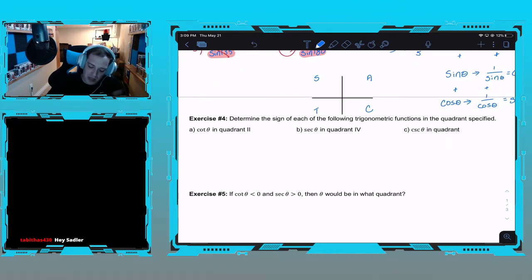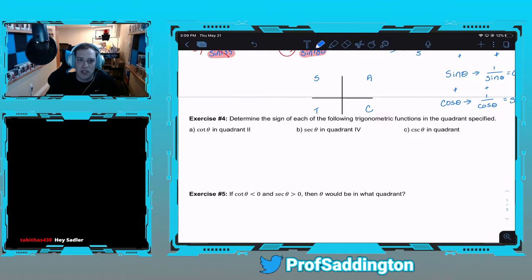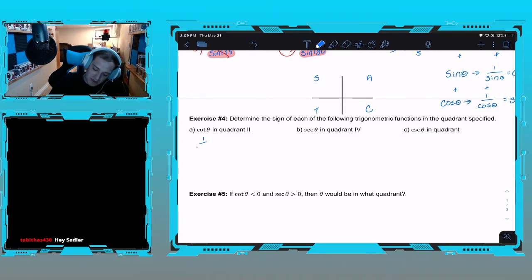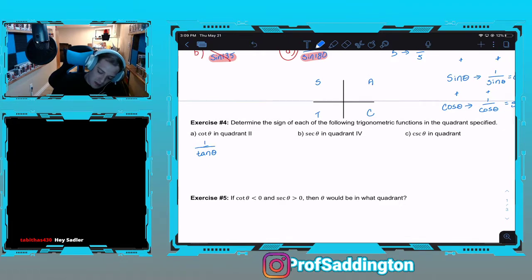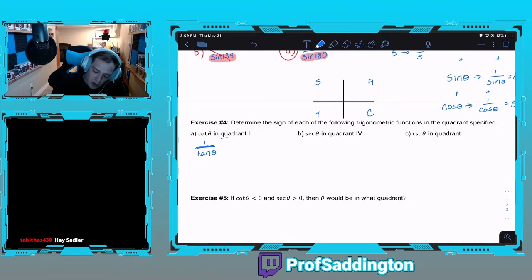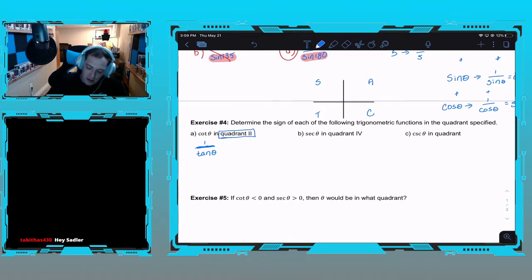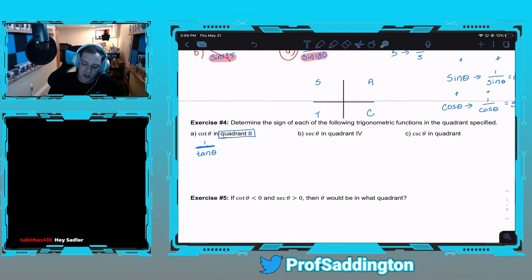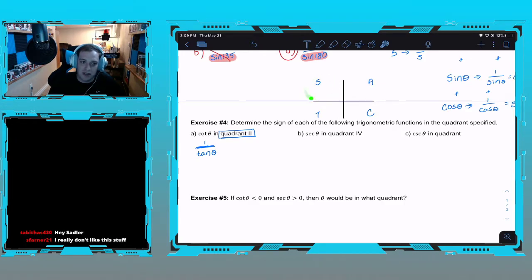So this one down here in part A, it says cotan theta, or cot theta. Cotan theta is the reciprocal of tangent. And we are in quadrant 2. So quadrant 2 is letter S. Okay?